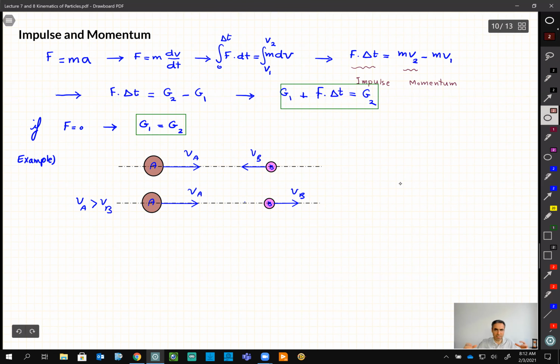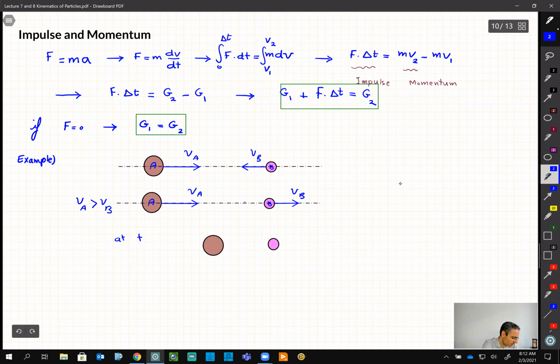And after they collide, they're going to bounce back. This is our assumption. Let me draw them one more time. This is the first one, and this is the second one. So after they collide, let's say they collide for a short time, delta t seconds.